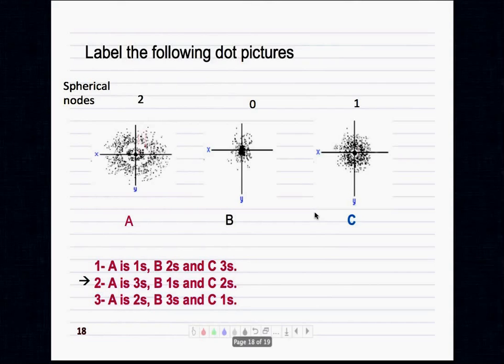Or you can just figure out, when I see two circles around this, that means it's a 3s. That's a 1s, it has 0 spherical nodes. That's a 2s, because n minus 1 equals 1, so n equals 2. So that's a 2s, which makes 2 the right answer.